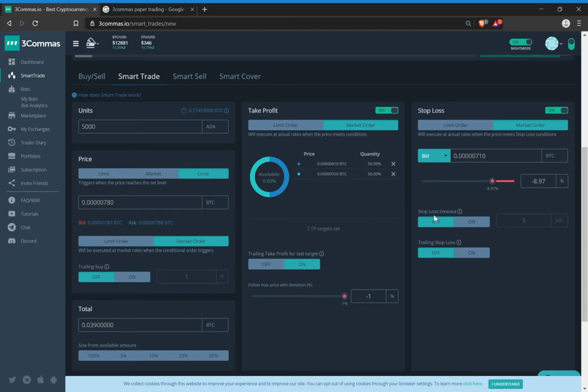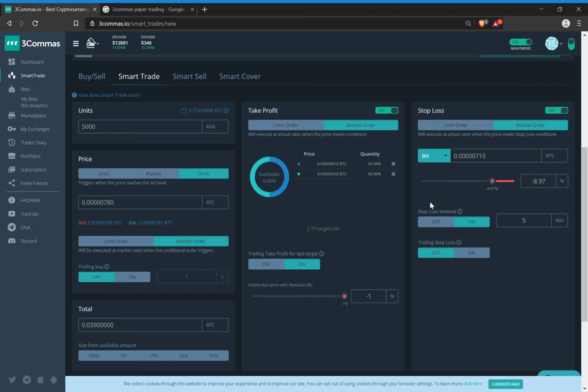We can also put in what's called a stop loss timeout. Okay, so this is a feature that I nearly always turn on. In fact, I do every time. And what this does is it keeps you in the trade.